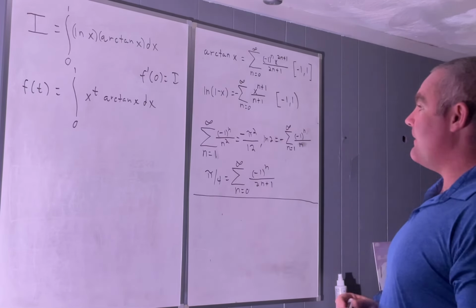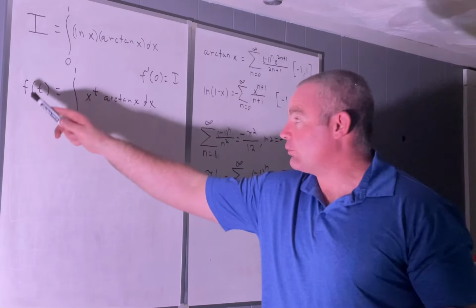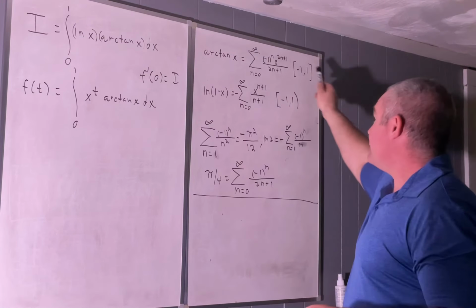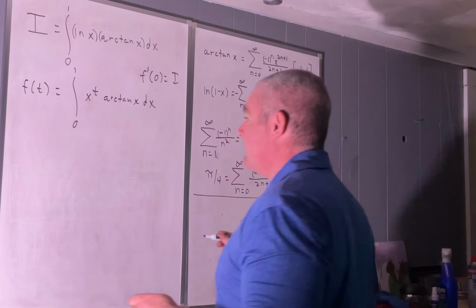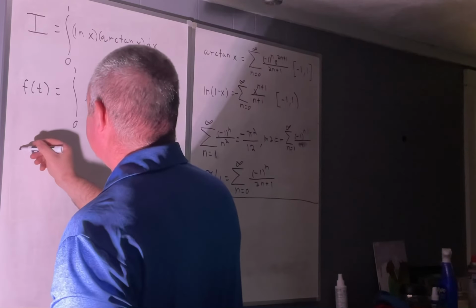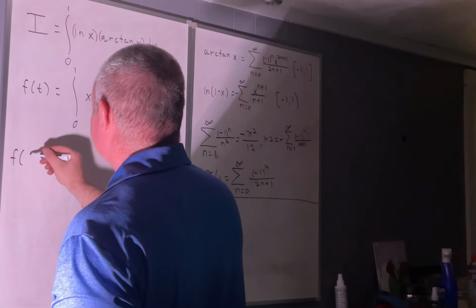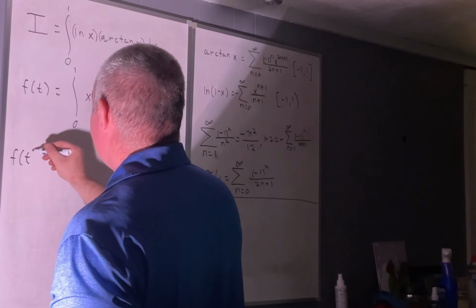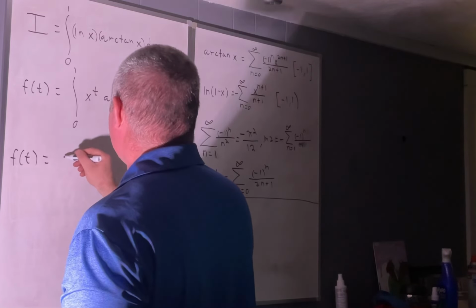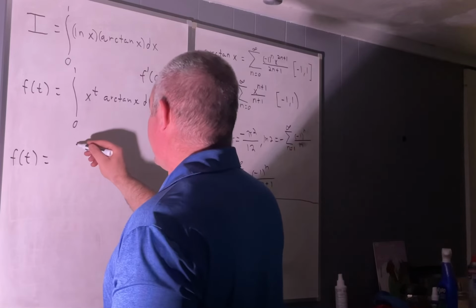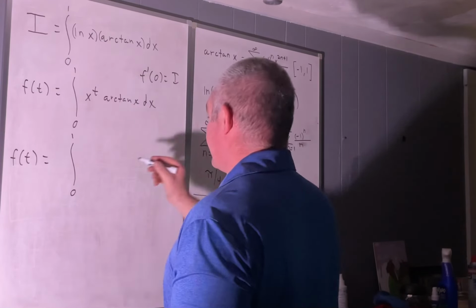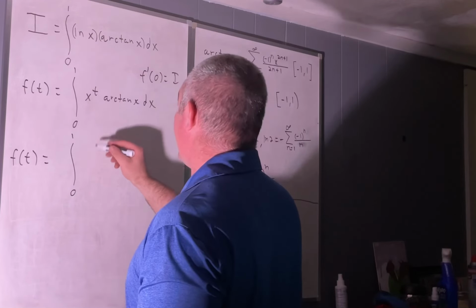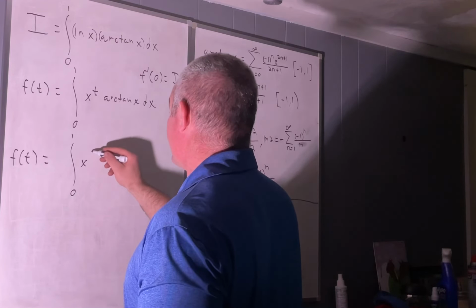Okay, so next step is we are going to rewrite this f of t using this fact right here. f of t will now be equal to, well, let's see, we're still going to have the integral from 0 to 1. Natural log x, x to the t will not change.